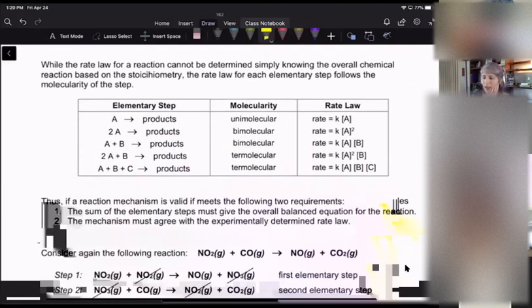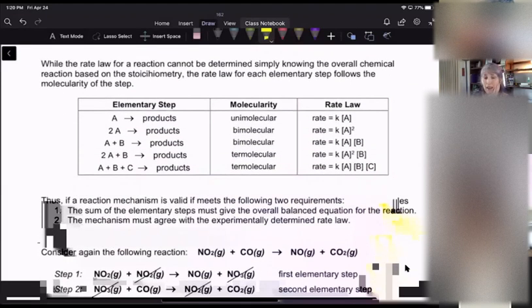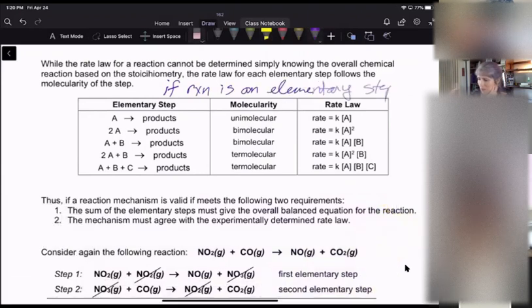So if we have an elementary step, then the rate law follows the stoichiometry. So if the reaction is an elementary step, then we can just use the stoichiometry to write the rate law.